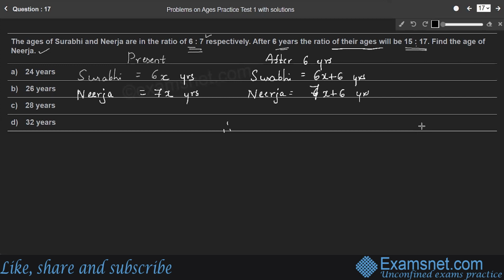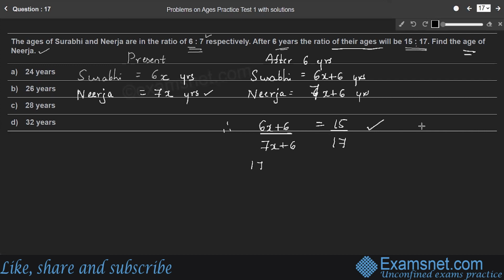Therefore, we'll consider the ratio of their ages, 6x plus 6 divided by 7x plus 6 is equal to 15 by 17. So find the age of Nirja. So the age of Nirja is 7x years. For that, we need the value of x, right? So using this equation, 6x plus 6 by 7x plus 6 is 15 by 17, we'll find the value of x.